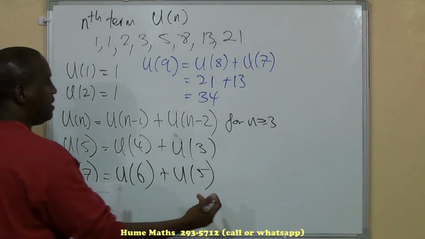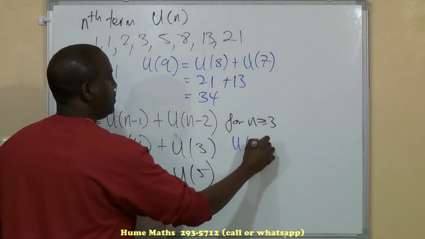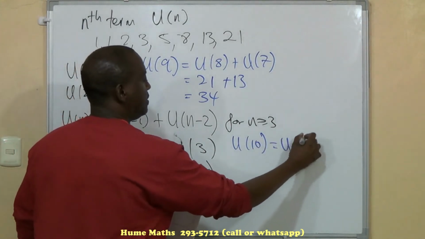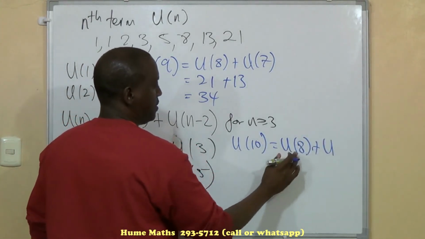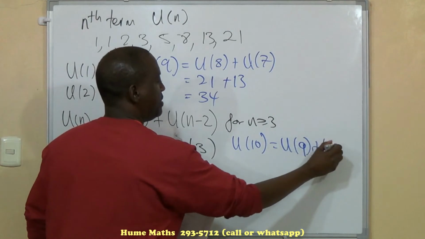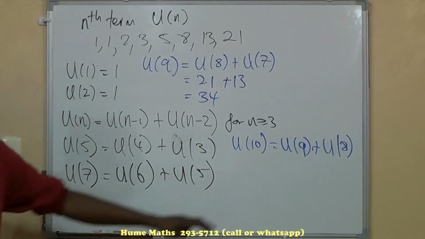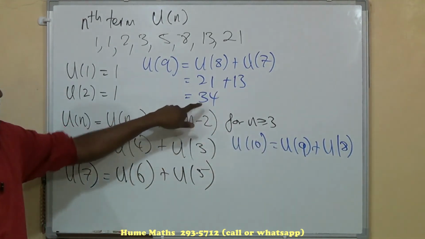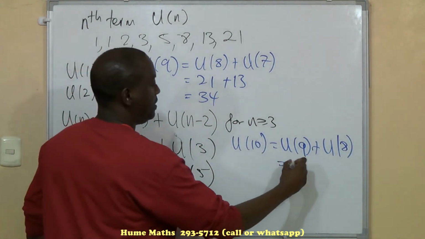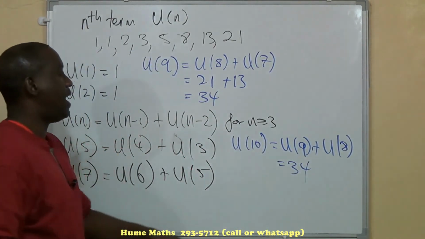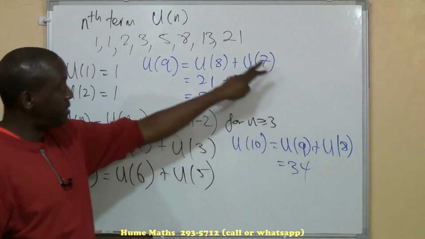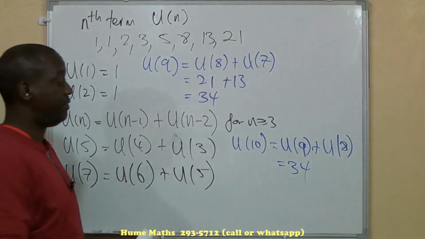And similarly for U10. U10 will be equal to U9, n minus 1, plus U8, n minus 2. U9 we just worked out here as 34. So that'll be 34 here. And U8 is the same 21 from above there.